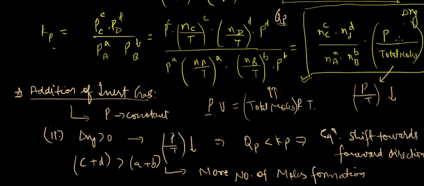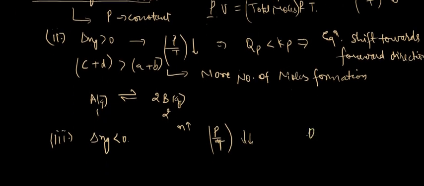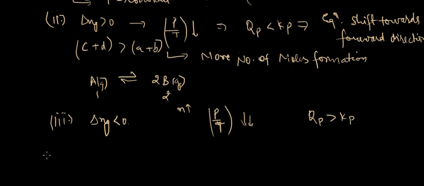As this is decreasing and delta Ng is negative, it would have the reverse effect from the previous case, in the sense that Qp would become larger than Kp. So this implies the reaction will shift in the backward direction.